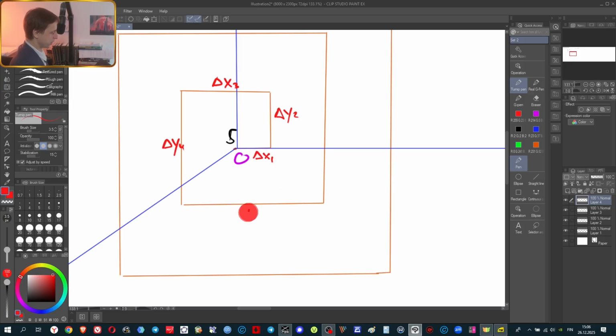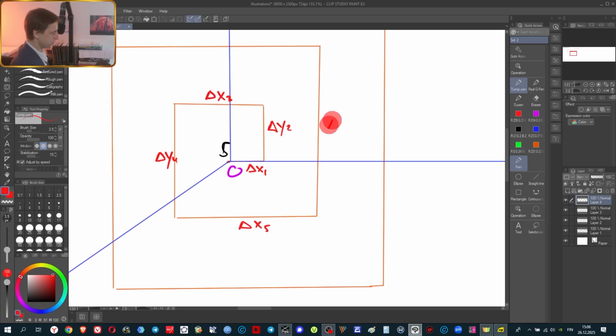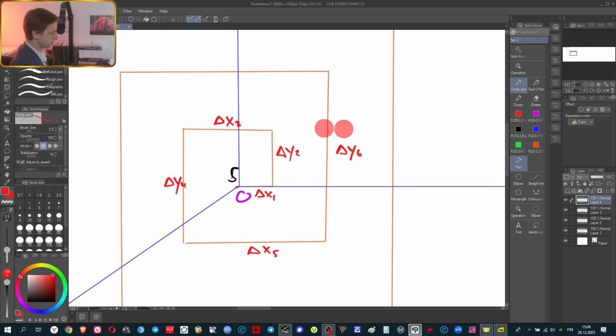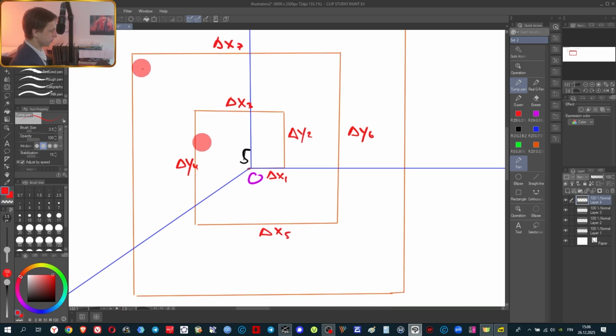This one along x will be delta x5. And this one along y will be delta y6. This one along x will be delta x7. And this one along y will be delta y8. As you can see, in terms of delta x, we have only odd numbers here, delta x1, x3, x5, x7. And along y, we have even numbers, 2, 4, 6, and so on.